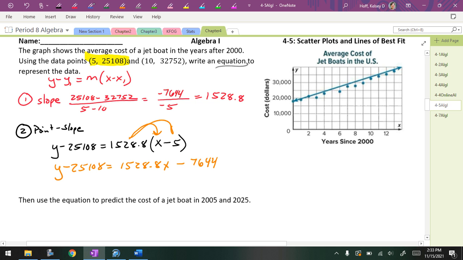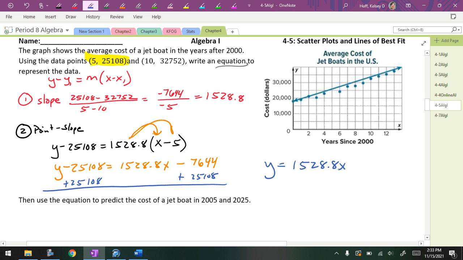Then what's my next step? Add 25,108. Y equals 1,528.8x plus 17,464. Yes?